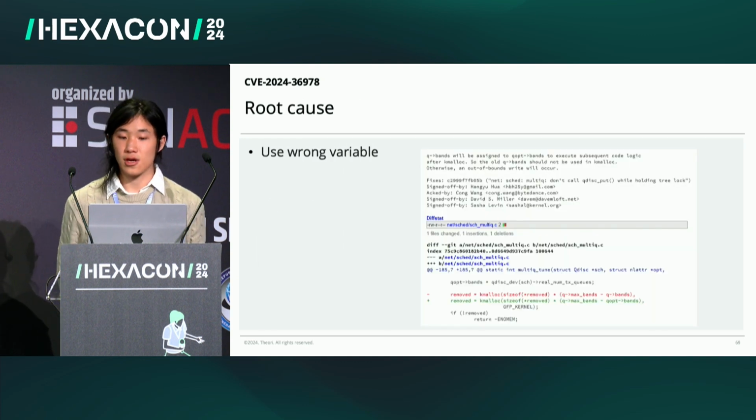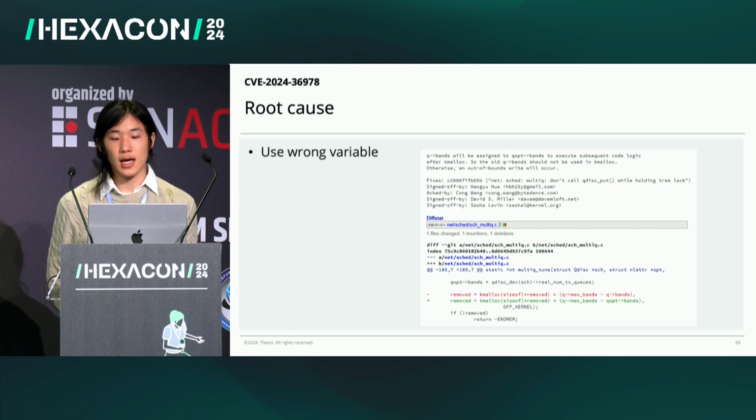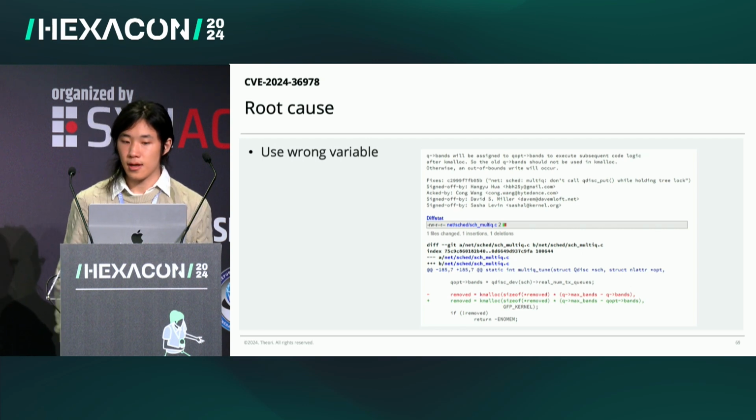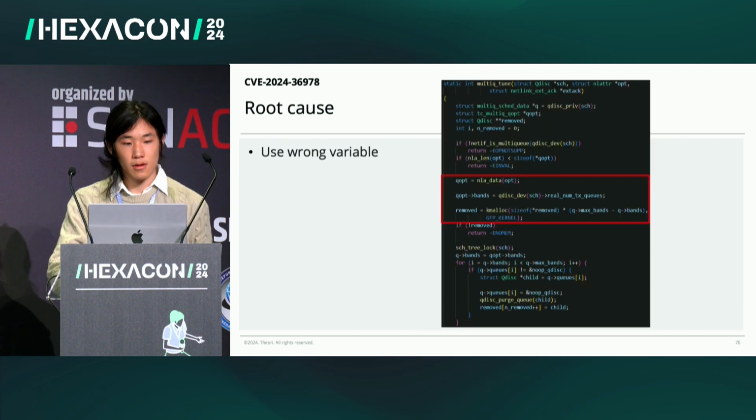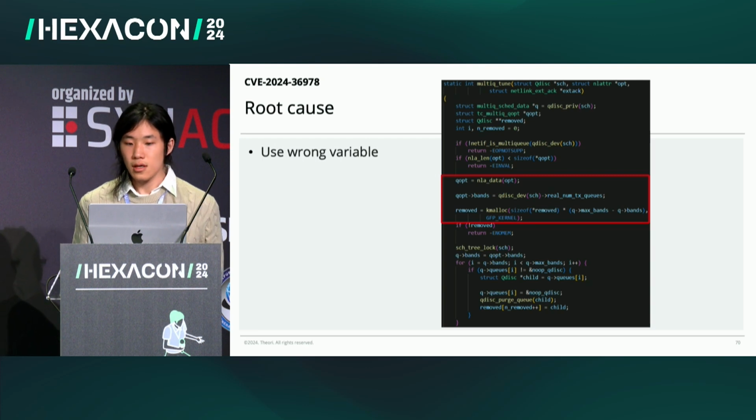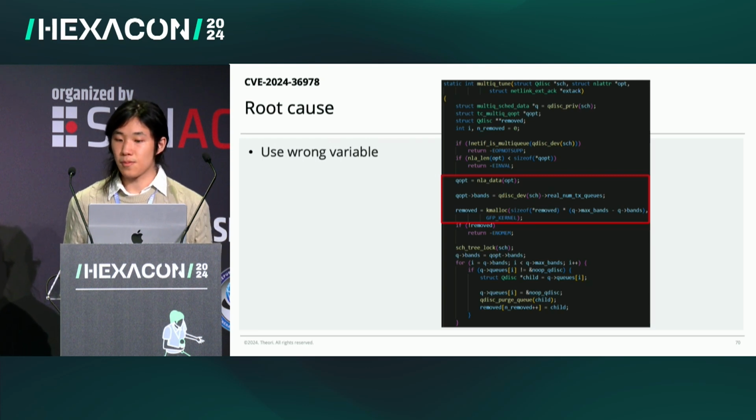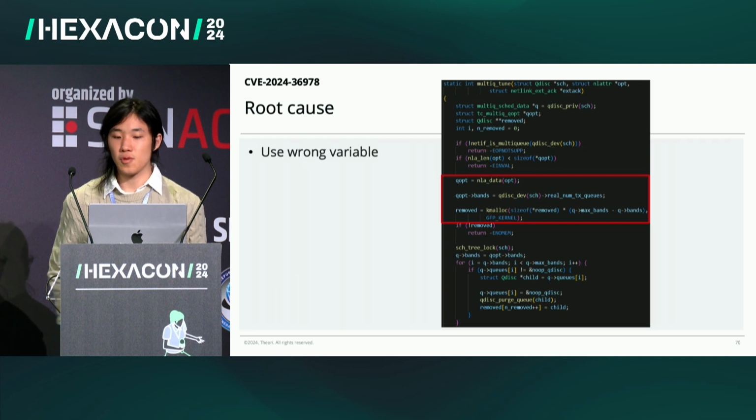Then, let's see the root cause. In this commit, we can see that q->bands has been changed to qopt->bands. Why is the commit problematic? Let's examine the function. The code retrieved qopt->bands, but instead of using this variable, it used q->bands.